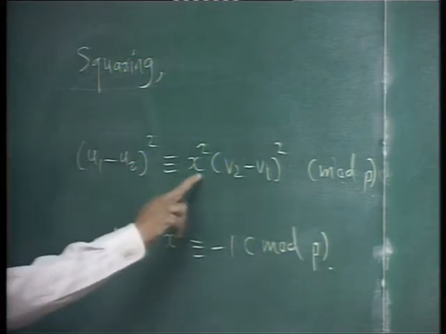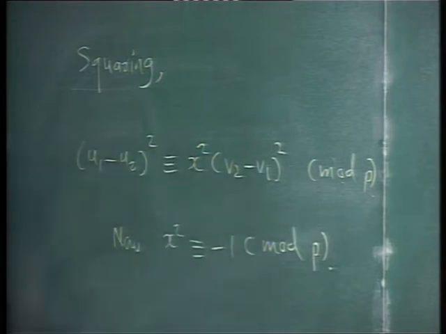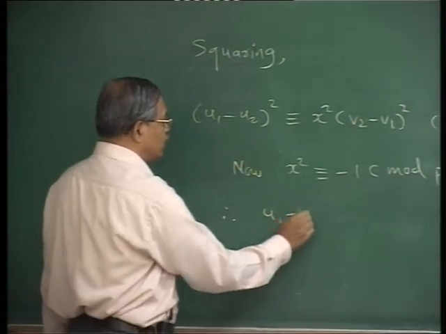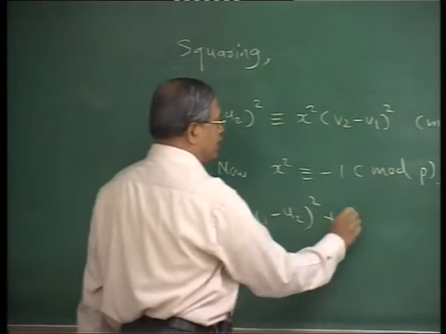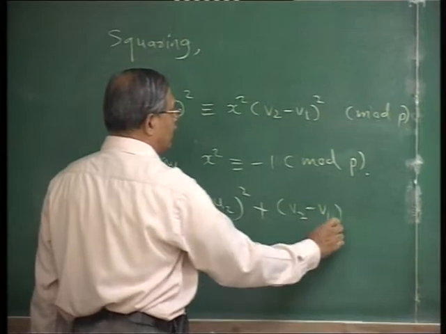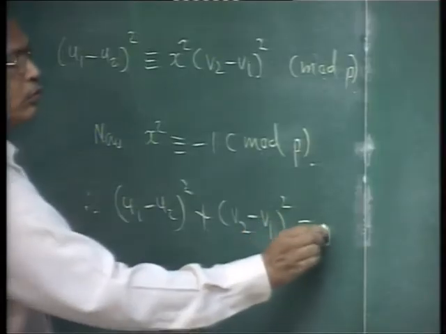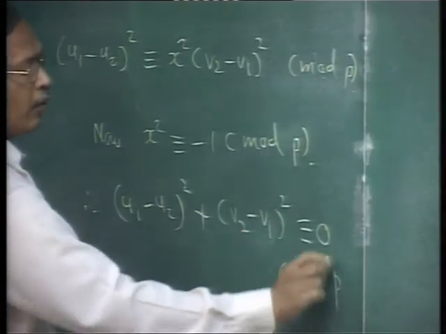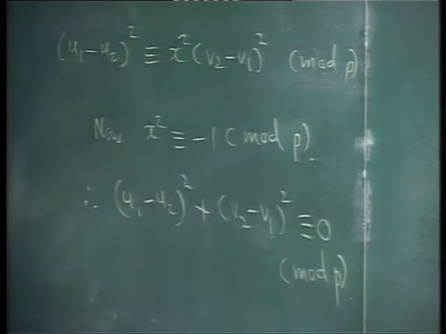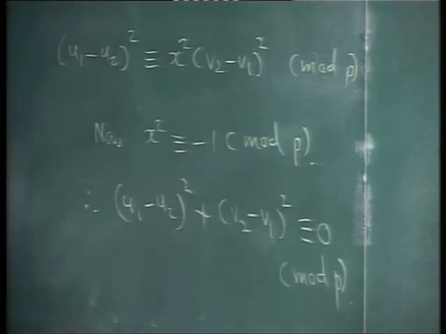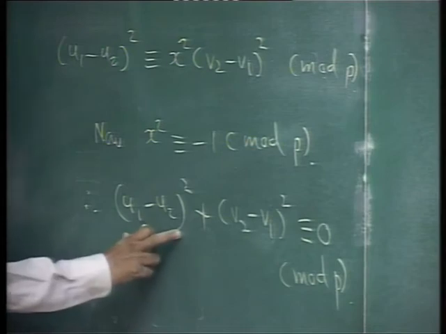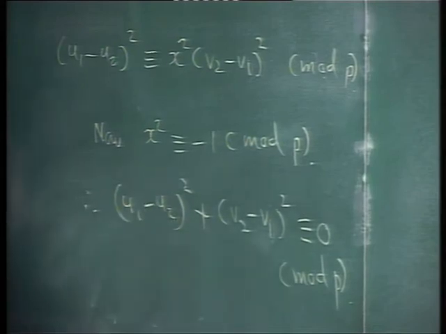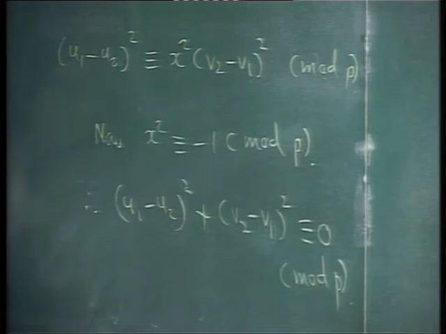If you put it here and take these terms to the left-hand side, you get (u1 - u2)^2 + (v2 - v1)^2 congruent to 0 mod p. And 0 mod p means divisible by p. This is a non-negative quantity; it can be 0, p, 2p, like that. It is a multiple of p.